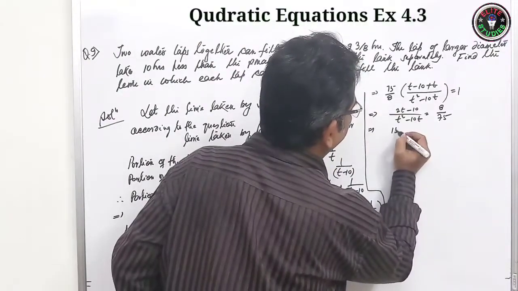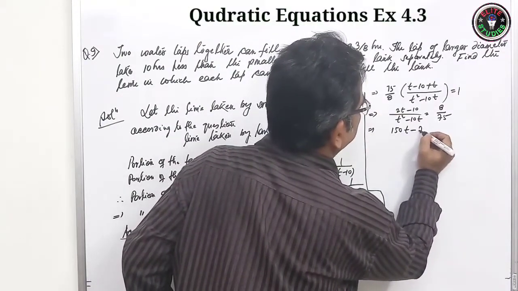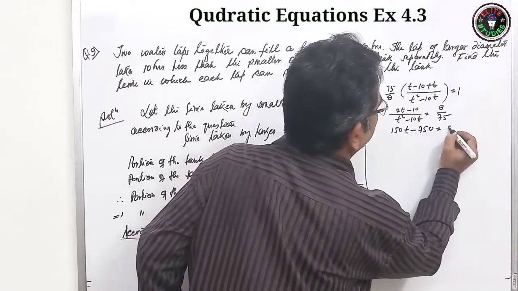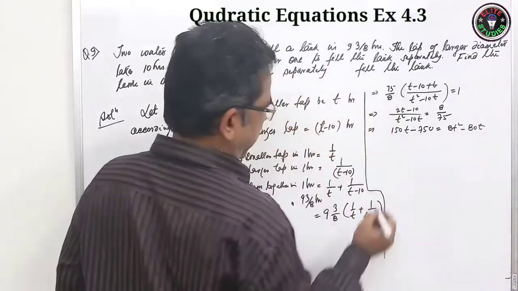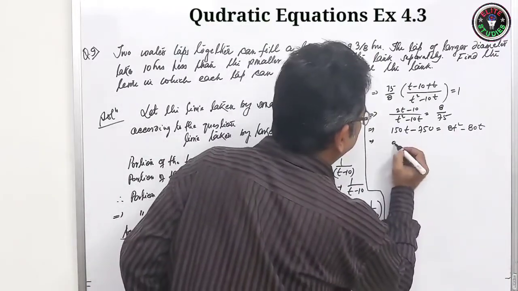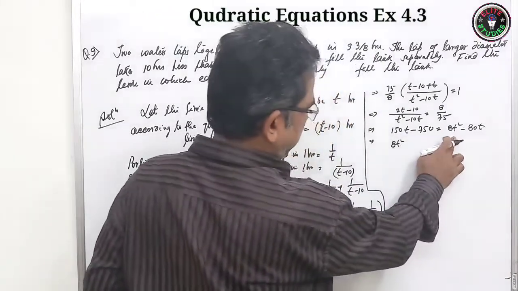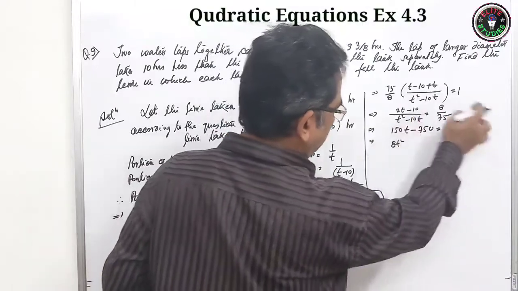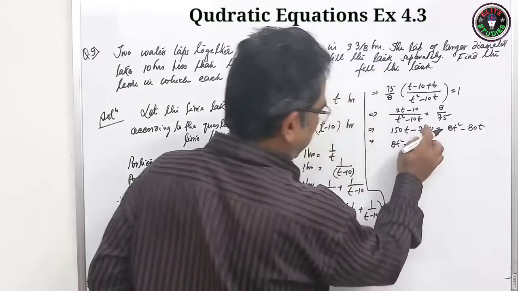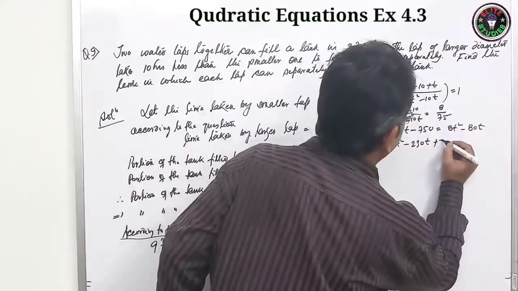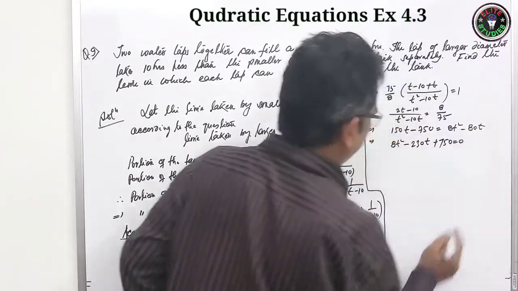75 times 2T minus 10 gives 150T minus 750, is equal to 8T square minus 80T. So implies 8T square, keep it here. This one you take it there, it will be minus 230T, plus 750 is equal to 0.